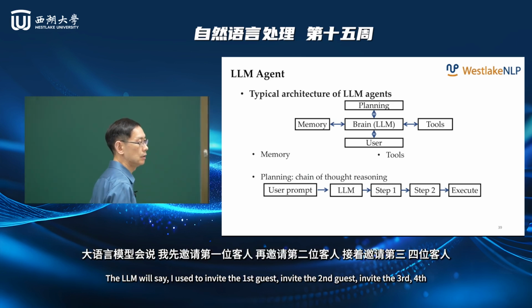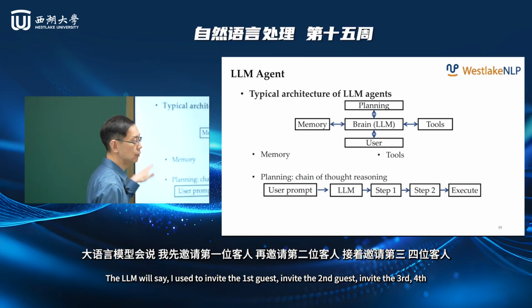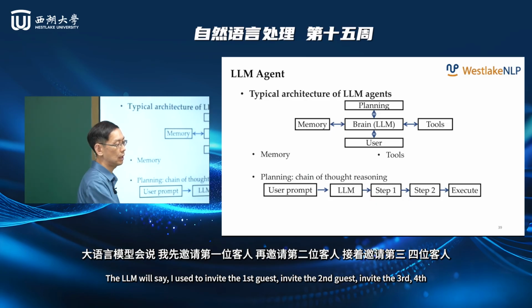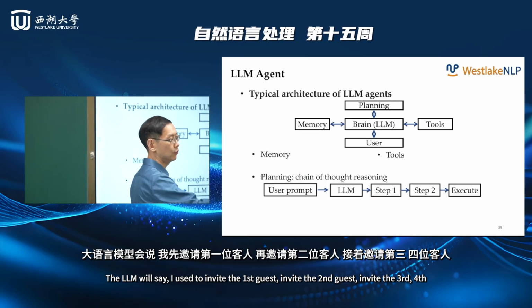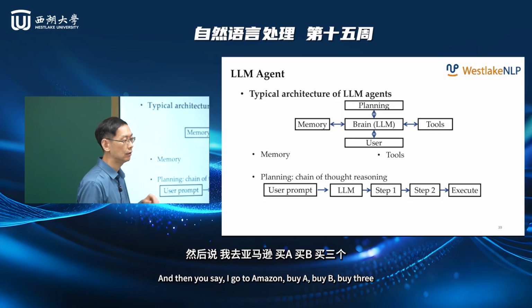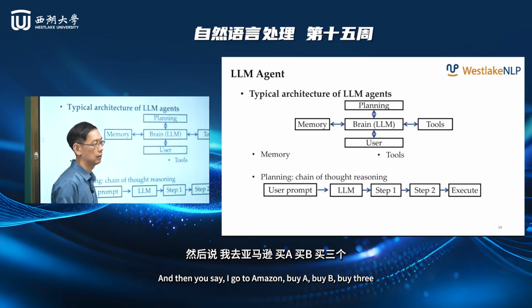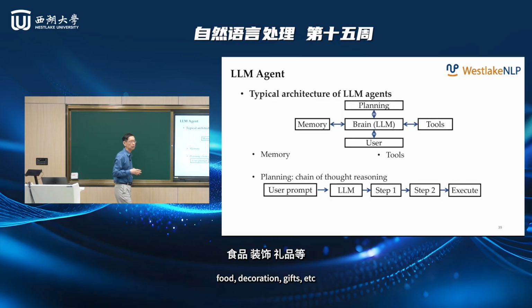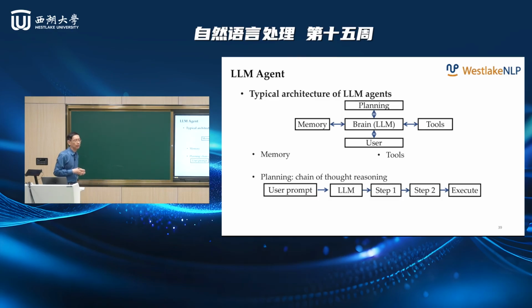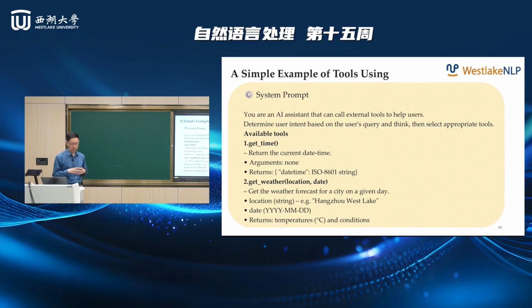The LLM will say, okay, I use tools to invite the first guest, invite the second guest, invite the third, fourth, okay? And then I go to Amazon and buy A, buy B, buy C, okay? Food, decoration, gifts, etc.